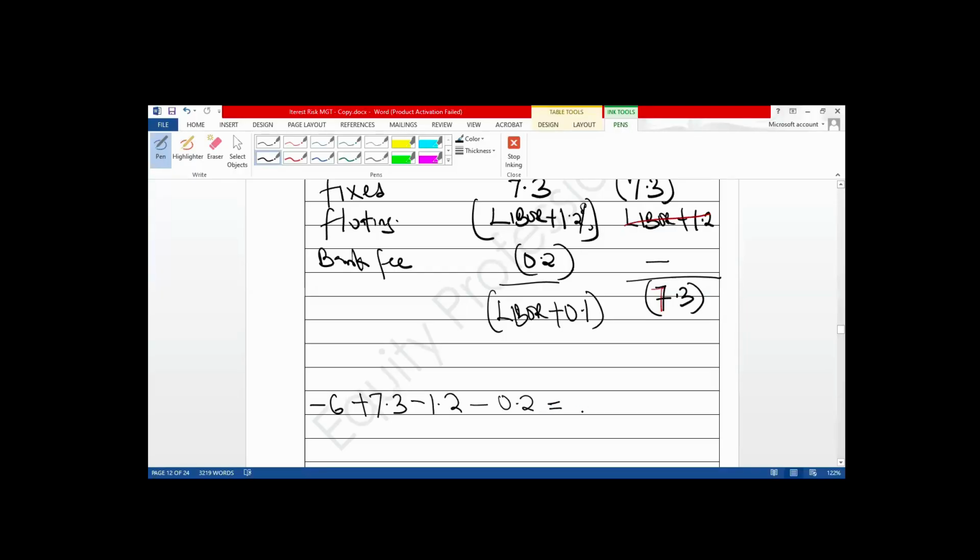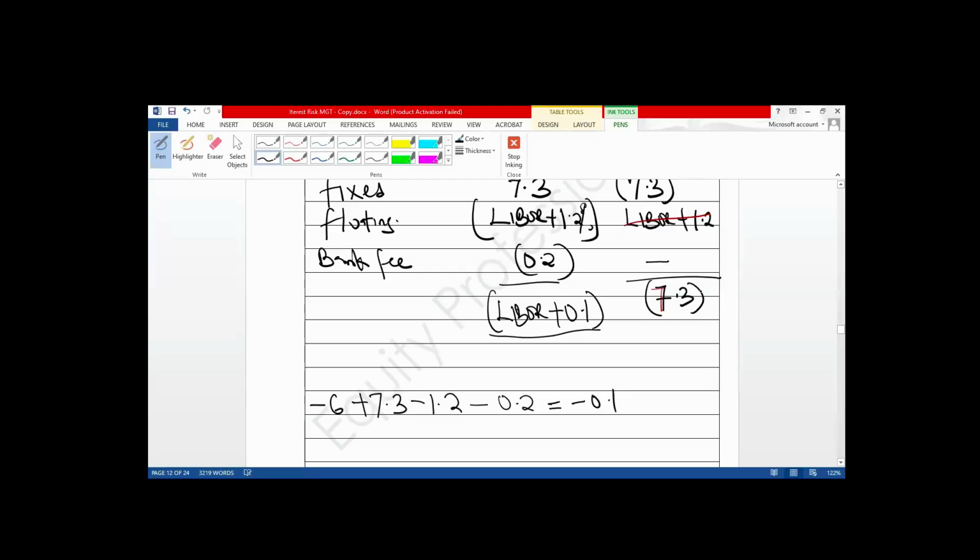You are going to get negative 0.1. Now these brackets mean LIBOR plus 0.1 negative. You are done with the arrangement.